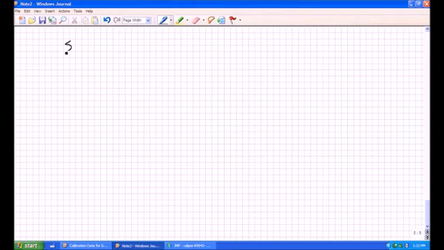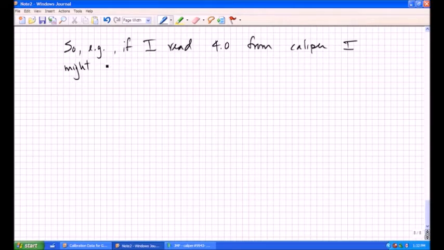So, for example, if I read, say, 4.0 from the caliper, okay, this is 4.0 millimeters, I might say x is 4.0 plus this 0.091708 divided by 25.599.